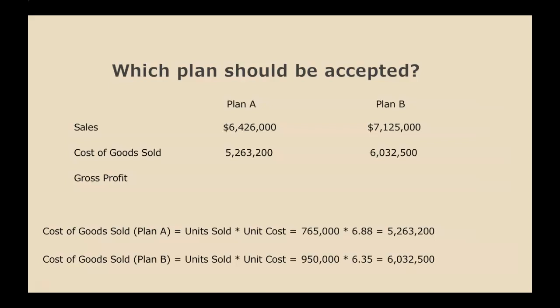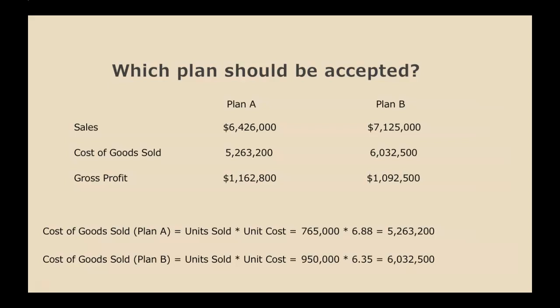Now our gross profit is when we take our sales minus our cost of goods sold. So we do that, and we see Plan A's gross profit is $1,162,800, and Plan B's gross profit is $1,092,500.